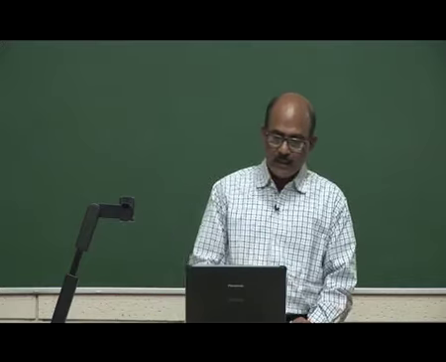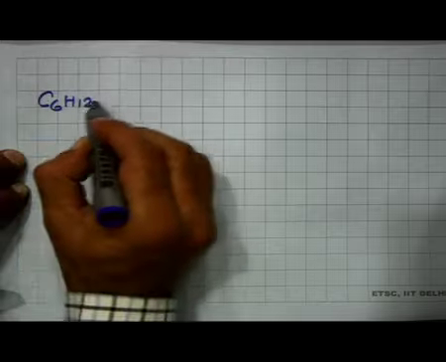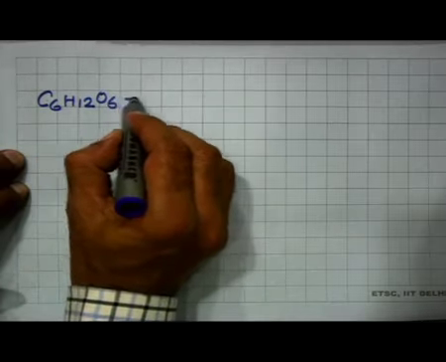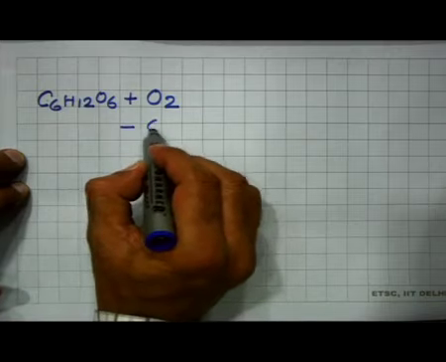Now think over this question: which type of respiration results in the formation of water? The ultimate product is water, as we discussed in my first class. In respiration, the carbohydrate molecule combines either with oxygen or in the absence of oxygen.